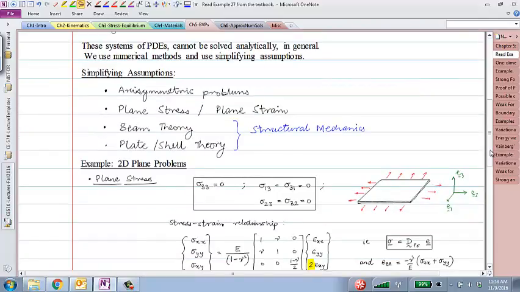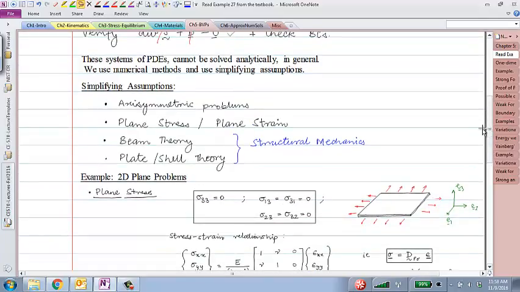So what do you do? If you can't find an exact solution to a problem, what do you do? Yeah, you make more assumptions and you try to find other approximate solutions, right? That's why we study all the structural mechanics that makes lots of these types of assumptions. But the critical thing again is to make sure that you understand those assumptions, what are the limitations of those assumptions, and how does that affect the solution that you are getting?